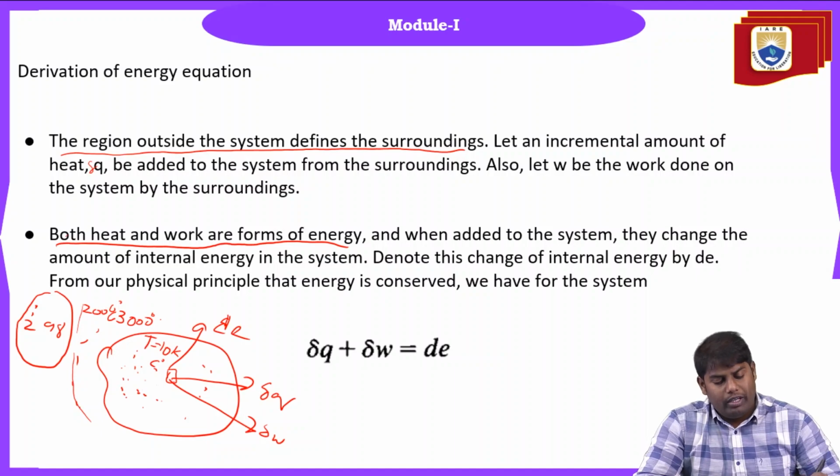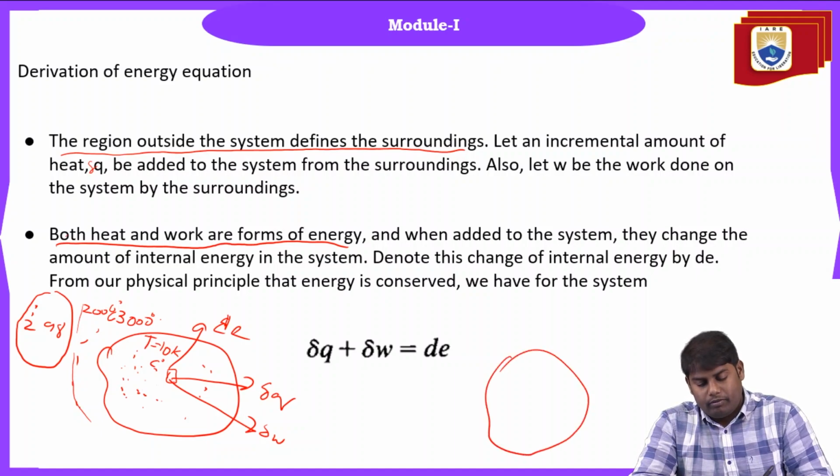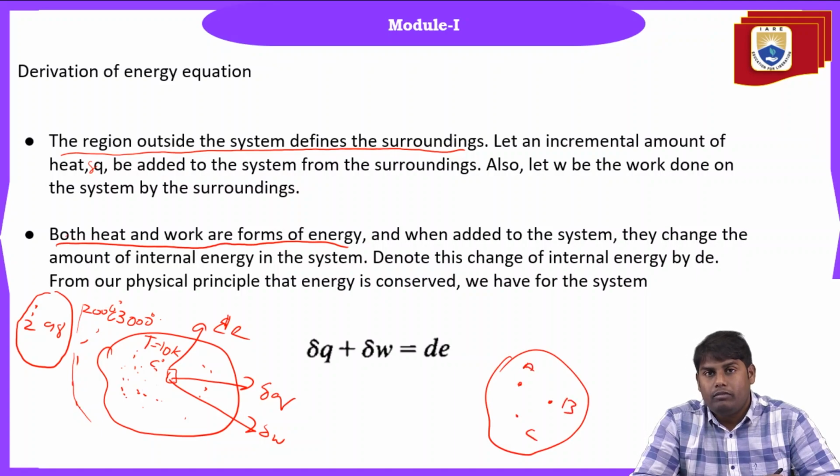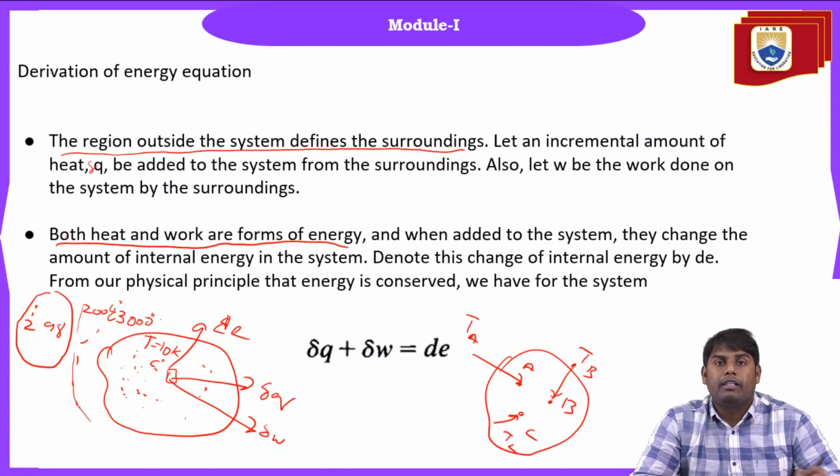How? Let us consider this system again. Here you have particles, let's say A, B, and C. When you apply more energy to A, less energy to B, and a medium amount of energy to C, we get temperatures TA, TB, TC.